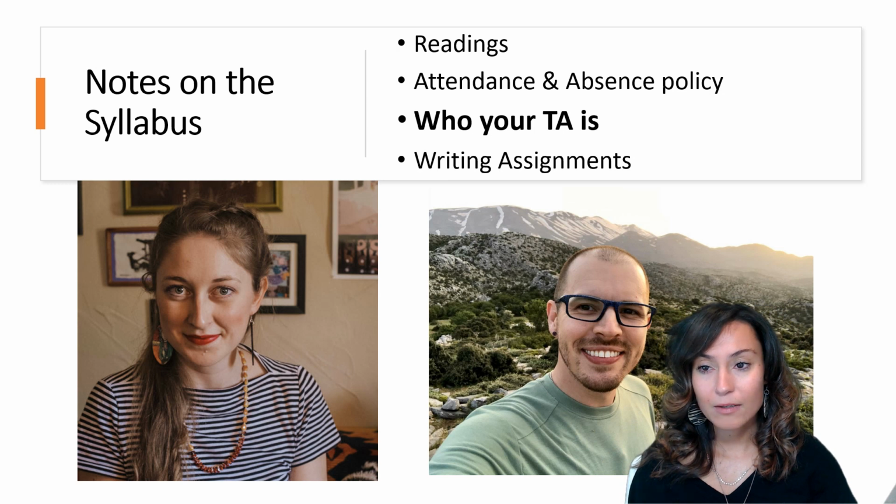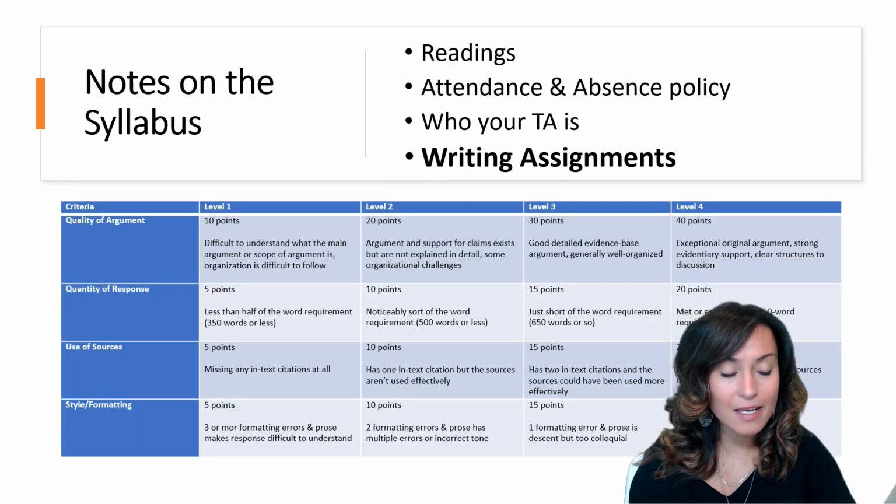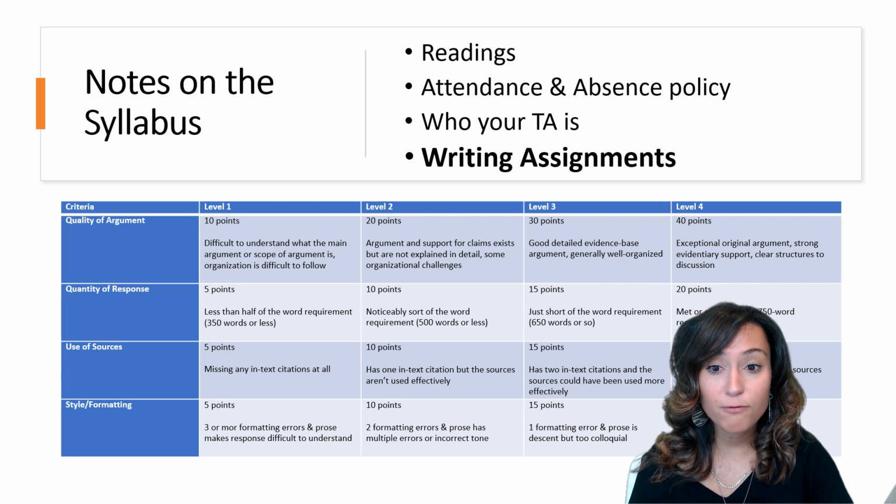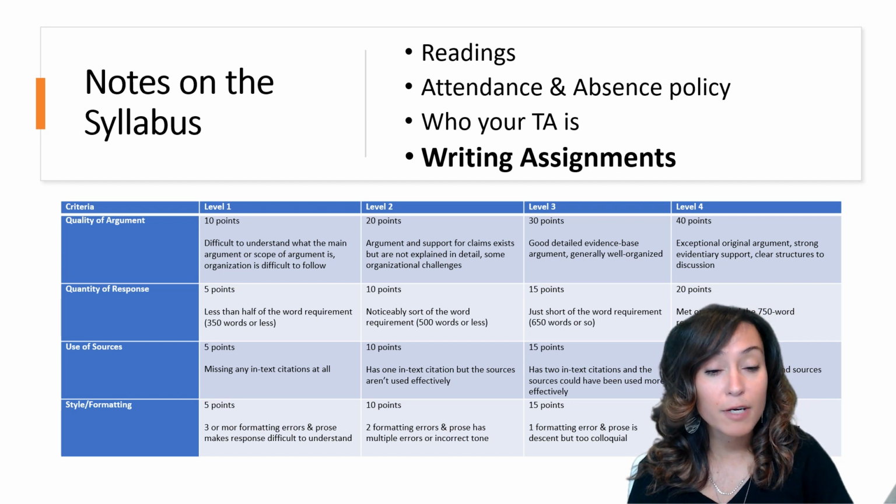All right. One last thing that I want to mention today before we get into our content is the writing assignments. So you guys are tasked with 4 short 3-page double-spaced commentaries on the core themes of the class: race, sports, gender, and globalization.